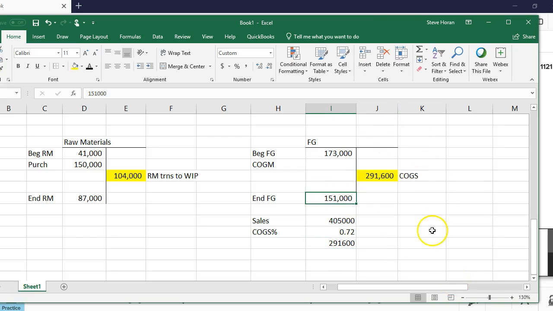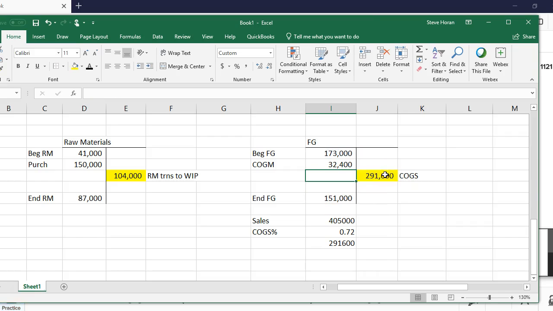Of course, we could double check the math. That leaves cost of goods manufactured to solve for. I don't know what it is, but I can easily solve for it, and it'll be 269.6. I just have to think about how the math works. It'll be a plus here, a plus here, and a minus here.